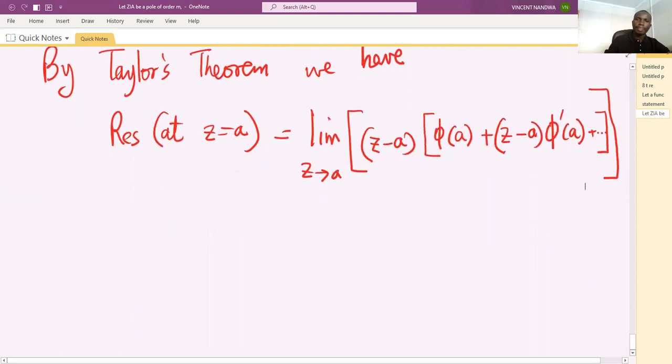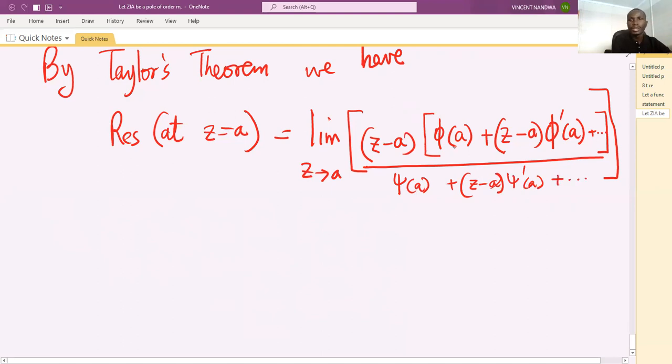And then we divide this by psi at a plus z minus a times the derivative at a plus other several terms. So we do both for the numerator and denominator.